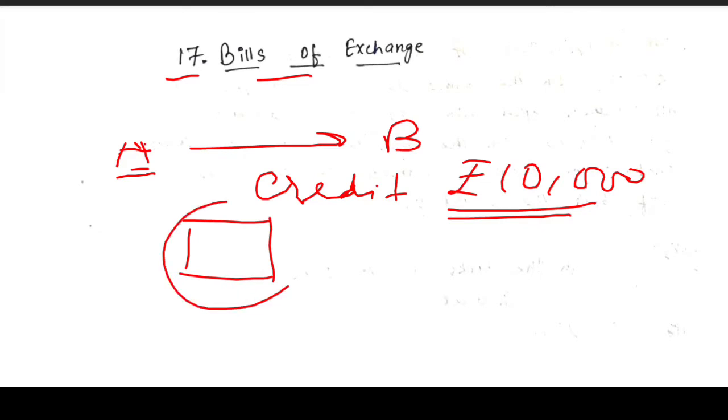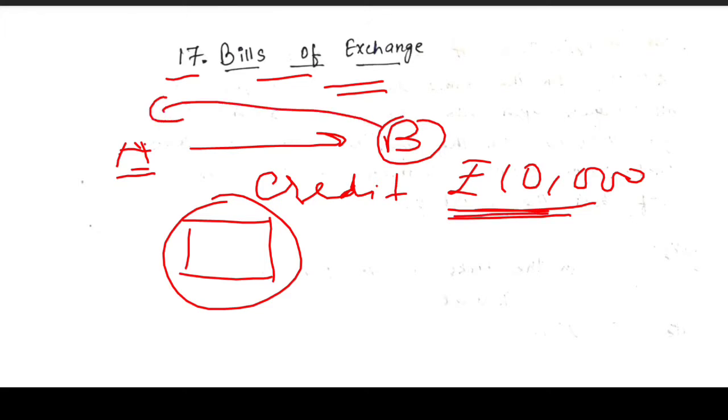That bill is called a bill of exchange. B needs to pay that 10,000 to A after expiry of some months, say 3 months. This process is called bill of exchange.